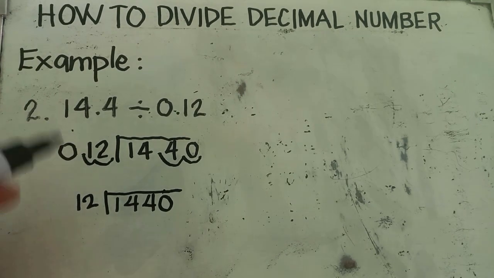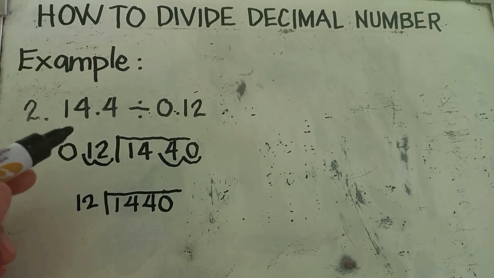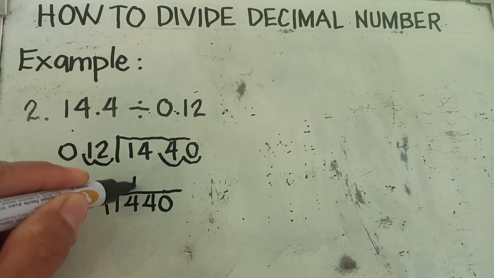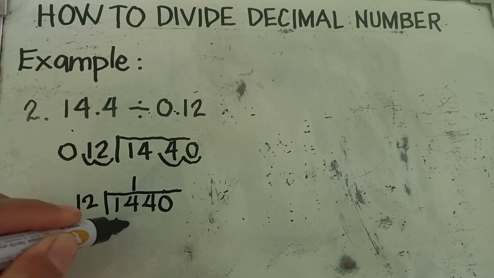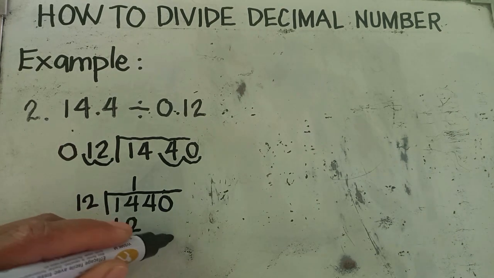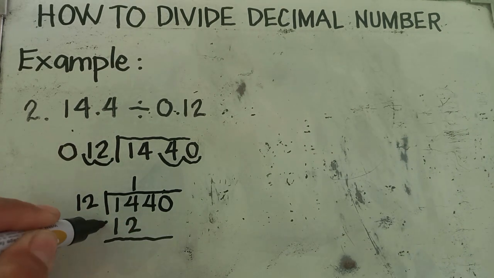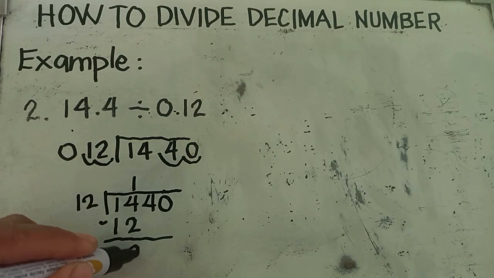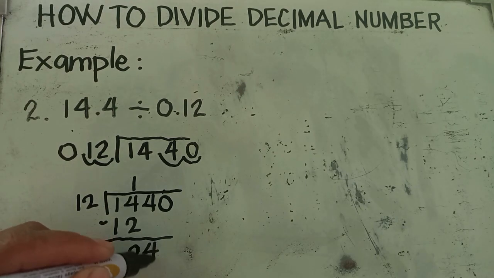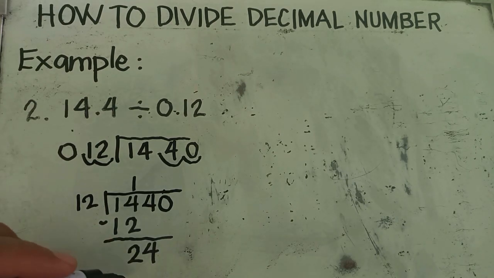So 14 divided by 12 is equal to 1. 1 times 12 is equal to 12. Now we will get the difference. 4 subtracted by 2 is equal to 2. Then bring down 4. So we have here now 24.